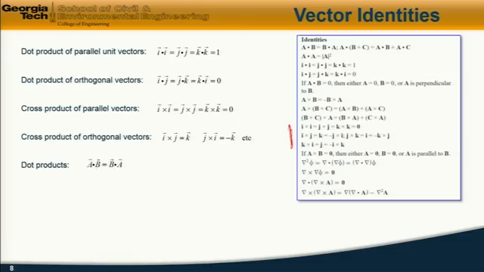For the dot products, we have A dot B is equal to B dot A. We can reverse it. And if we have summations of vectors, we can just expand them in this form.